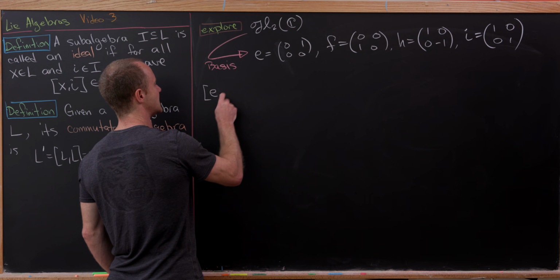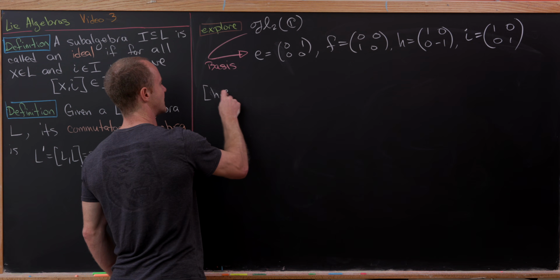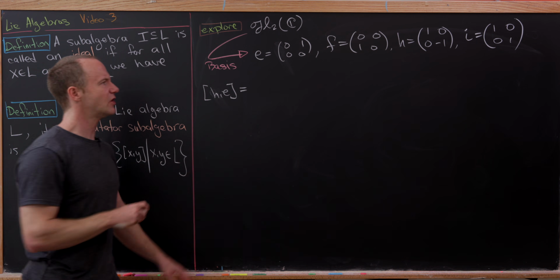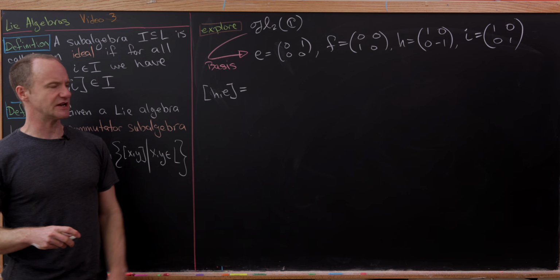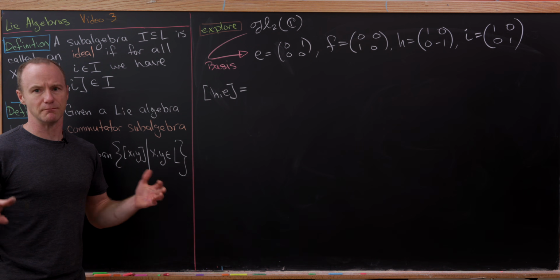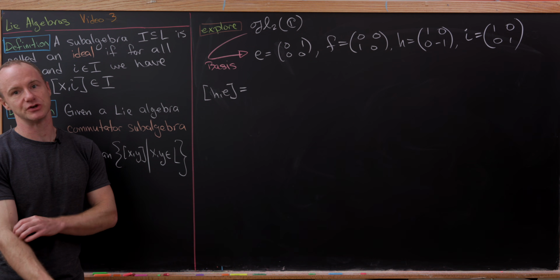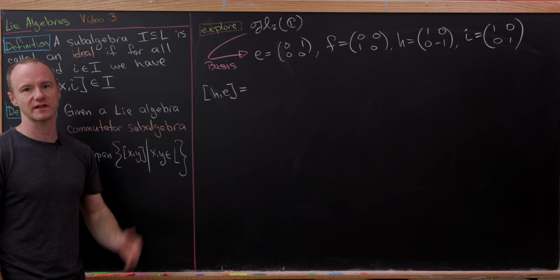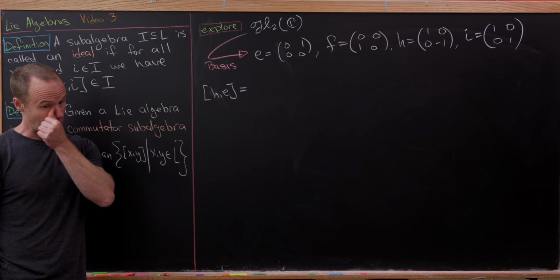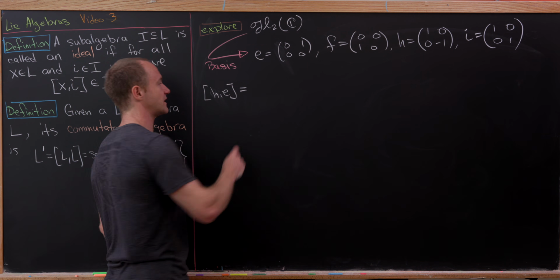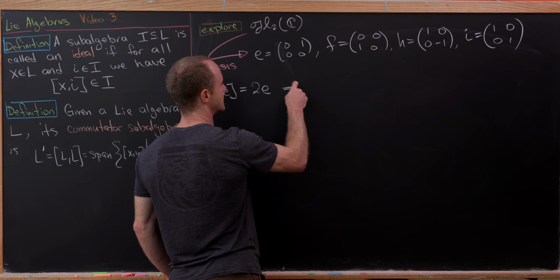Let's do H with E, but notice that E, F, and H were basis matrices for SL2C that we had seen before, and we calculated those brackets before. What we found is that H with E was equal to 2E.